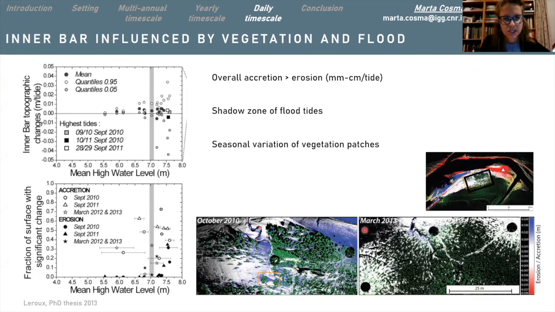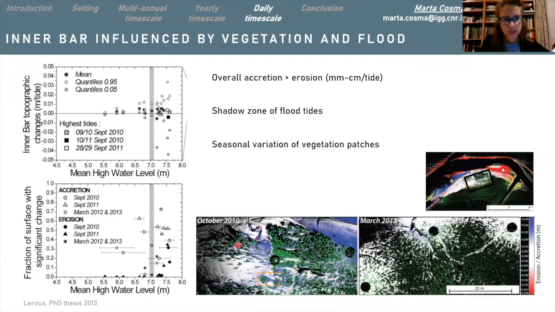Zooming in here, you can see that accretion is higher in the shadow zone behind the vegetation patches, and the flood is coming from here.